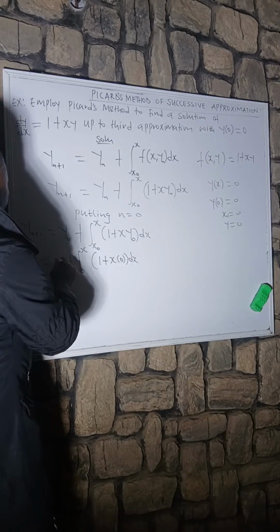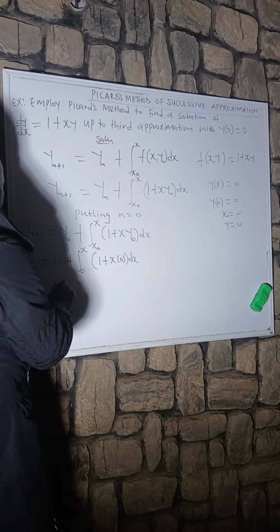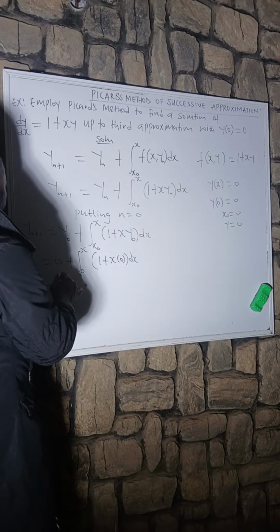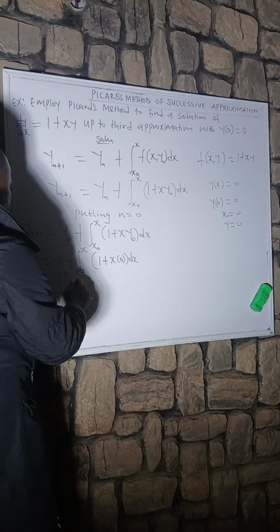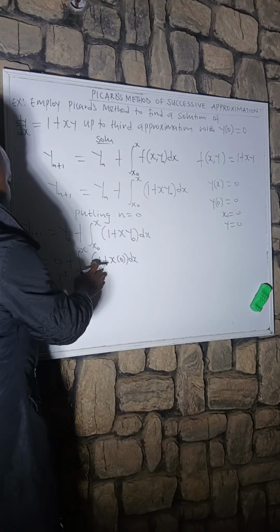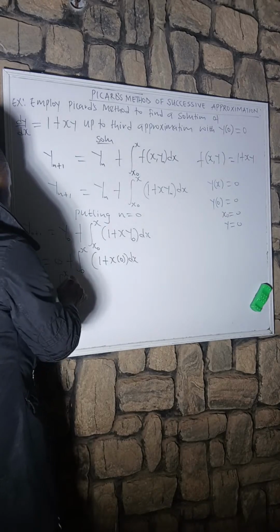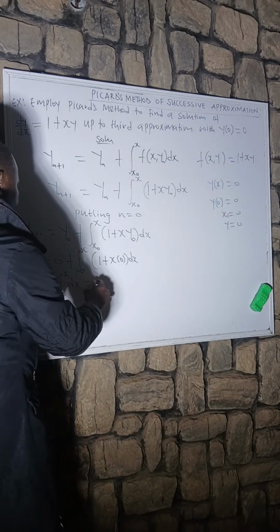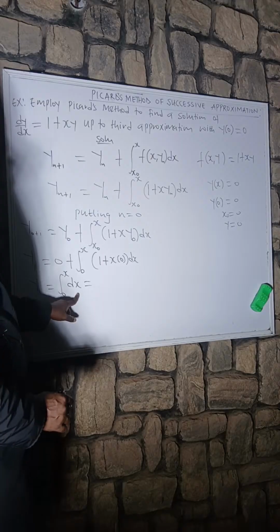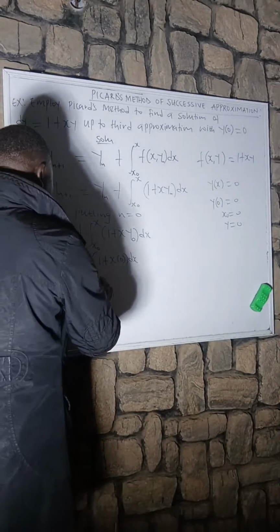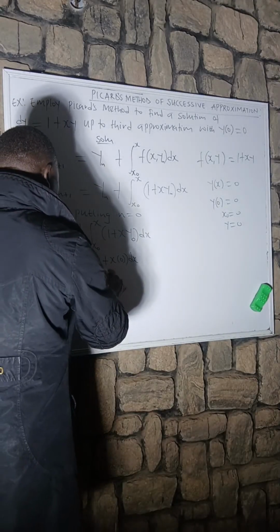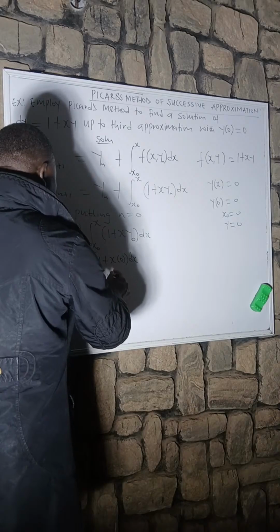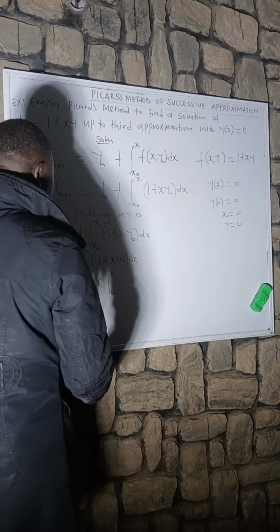So we are going to have the integral from 0 to x, then here will be 1, and 1 times dx is dx. When you integrate this function, you get x from 0 to x.